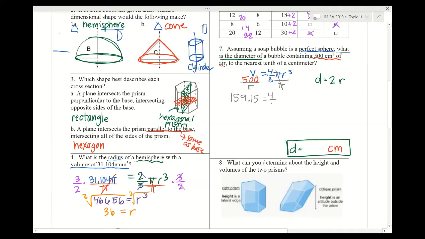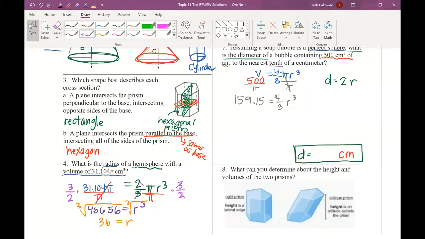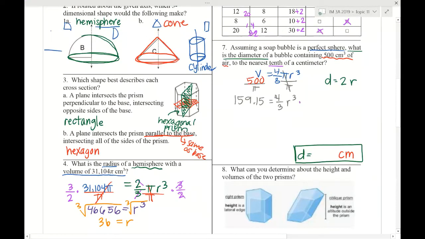equals 4/3 r cubed. Now to get rid of the 4/3, we want to multiply by the reciprocal on both sides. So we're going to multiply by 3/4 on both sides of our equation. And that reduces the 4 and the 3 away so that we just have r cubed left. And so we're going to take that 159.15.